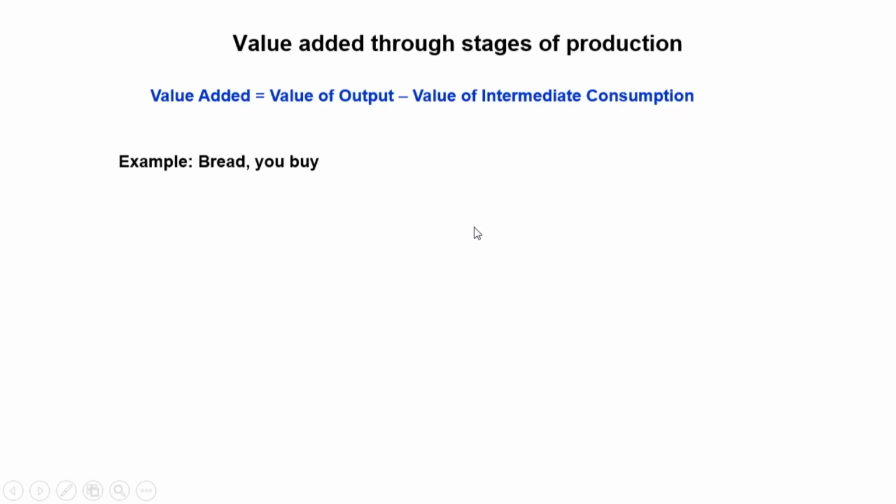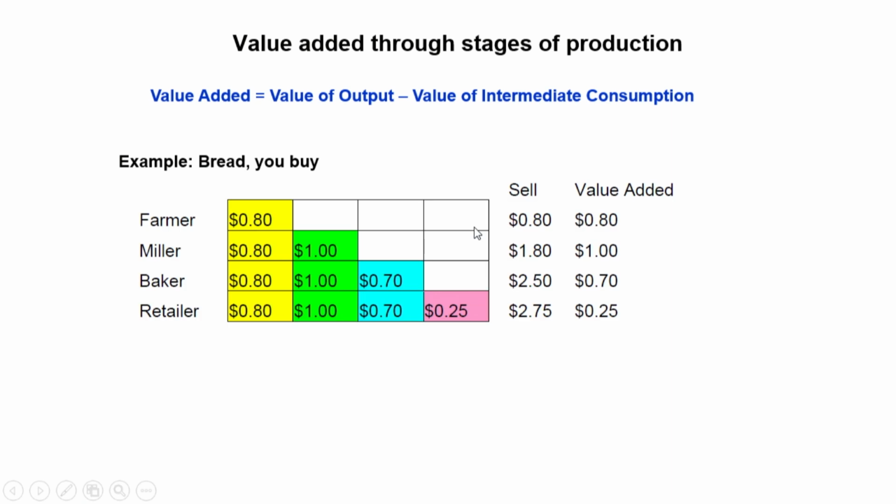Using another illustrative example, we can explain what this value added method is all about. Suppose you buy bread from a retail shop, for example, at 2.75, and you know that this has come through the farmer, miller, baker and retailer. What is the value addition they made? So we start from the farmer.